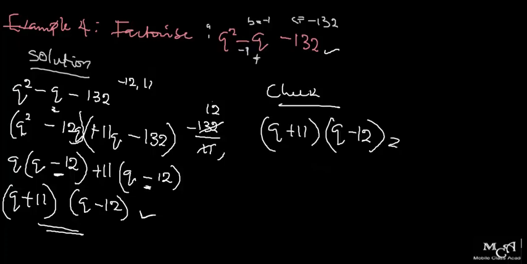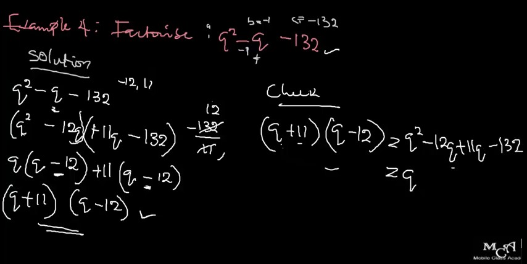So if we expand this bracket, q times q, q squared. Q multiplied by minus 12 gives minus 12q, right? 11 times q, it gives what? It gives plus 11q, right? Now, plus 11 times minus 12 gives minus 132.